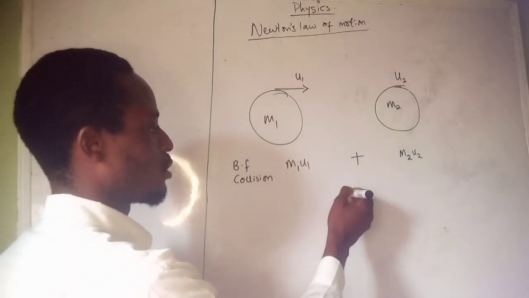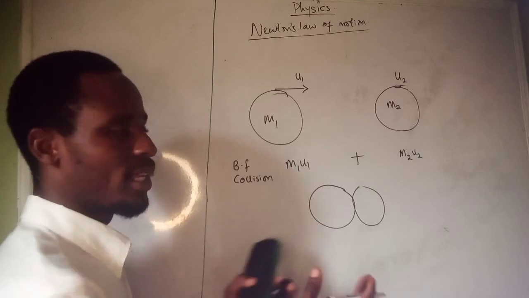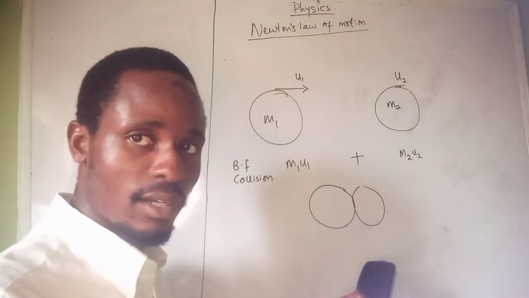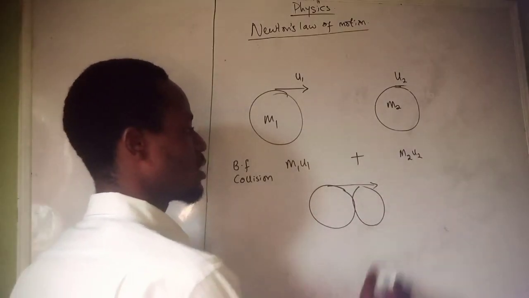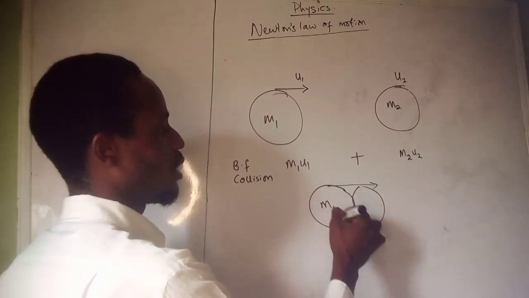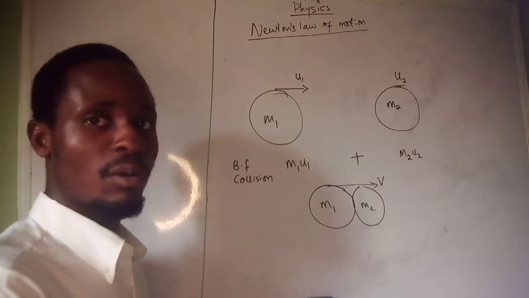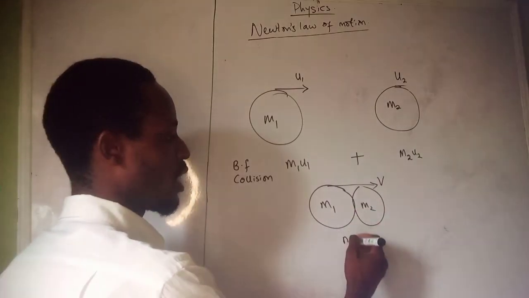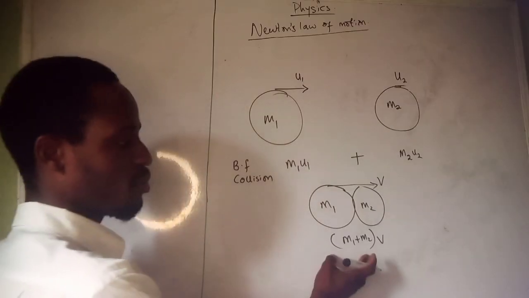Now after collision, two things can occur. It is either they stick together and move together, or they hit themselves and separate and move separately. So if they stick together, such collision is inelastic. So we have the masses m1, m2, but they share a common velocity because they now move together. So the momentum after collision will be (m1 plus m2) multiplied by v because they are moving together.